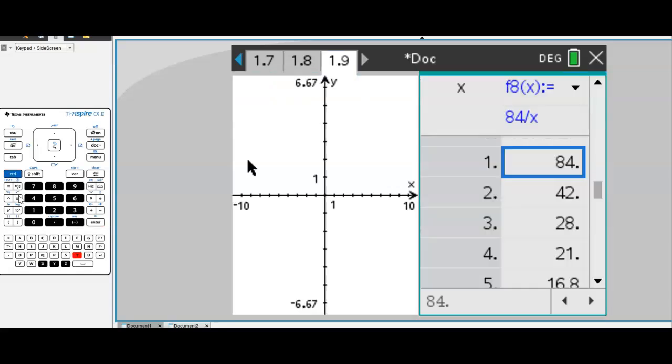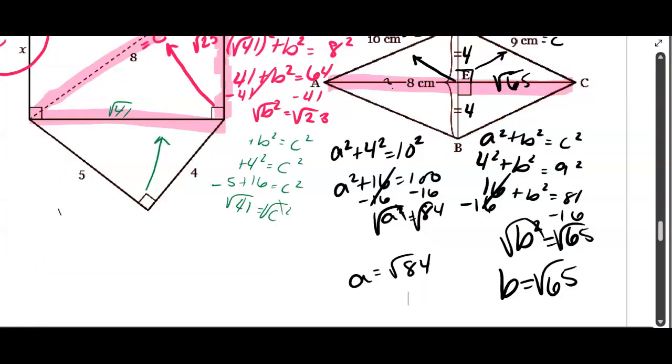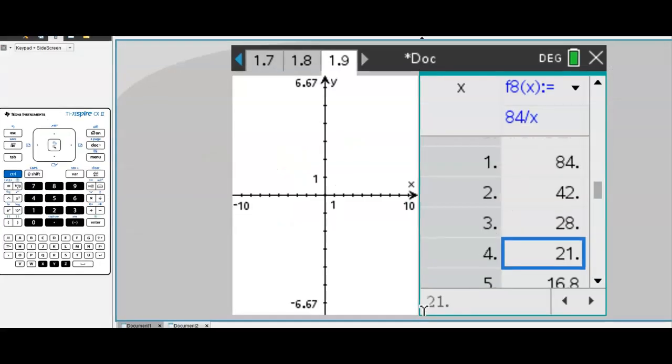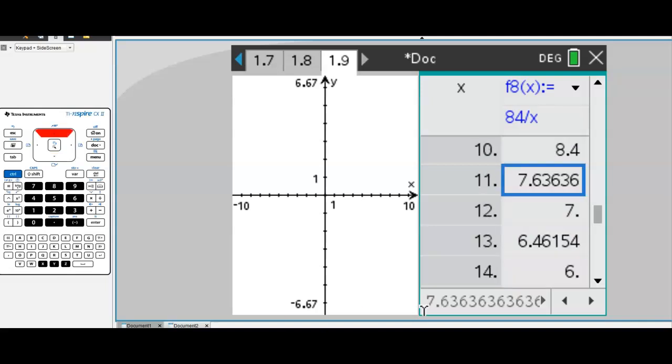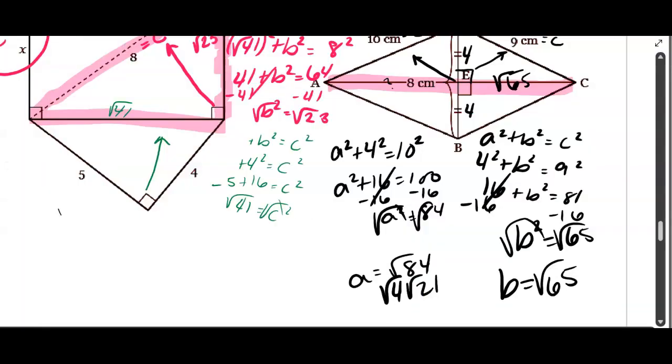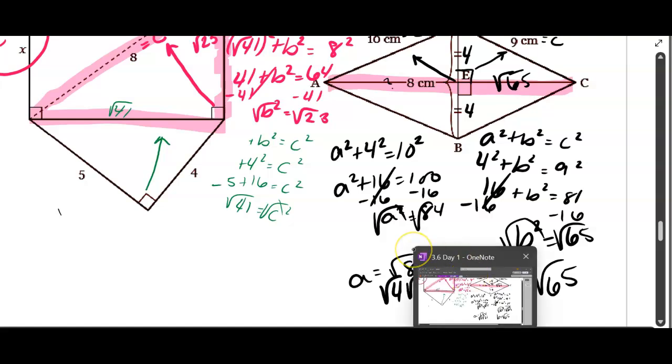Control T. And we're going to look for any perfect squares in here. 4 is a perfect square. Perfect. So 4 and 21. So square root of 4 times square root of 21. Now we could have also seen if there was a larger perfect square. 42, 3, 6, 14, 7, 12. Perhaps not, so we'll keep it here.